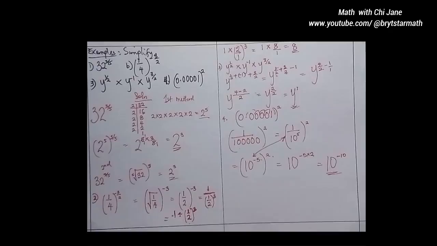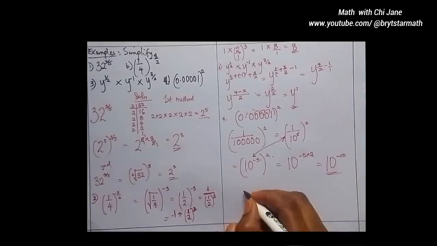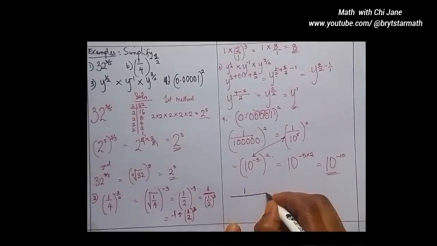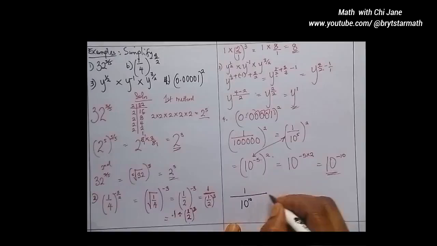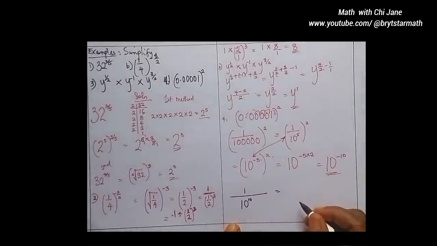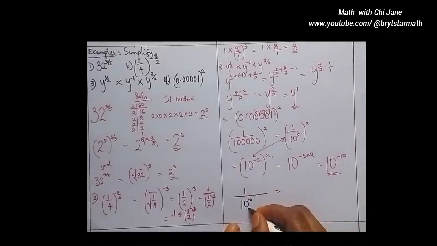Now, if you are asked to leave your answer the way the question was given, you will bring it back to become 1 over 10 raised to the power of 10. But we are to leave our answer the way it came.